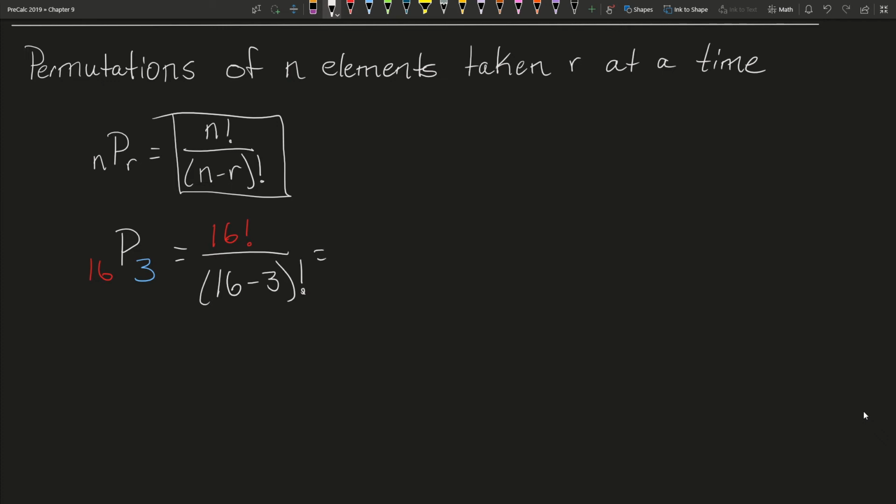And if we do that math, it ends up being 16 factorial over 13 factorial, which simplifies to 16 times 15 times 14, which is exactly what we got up above.